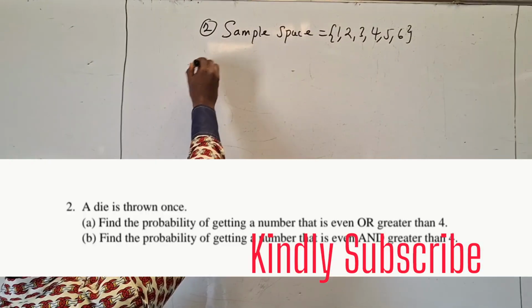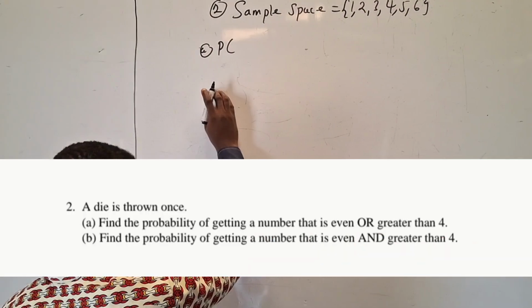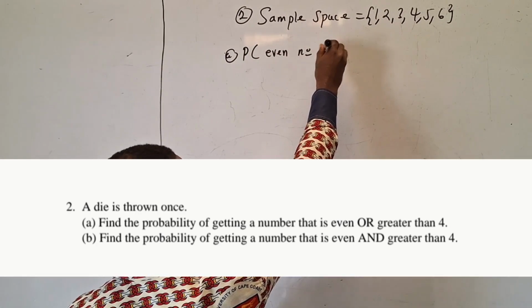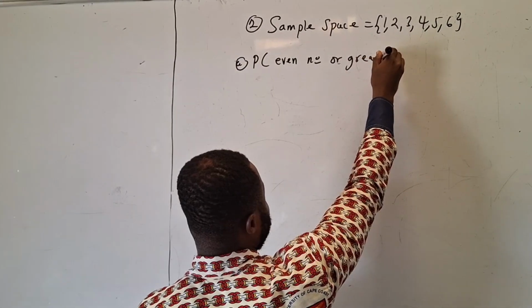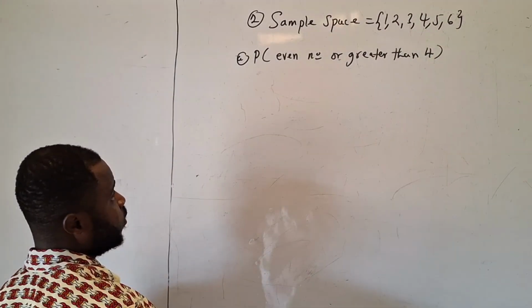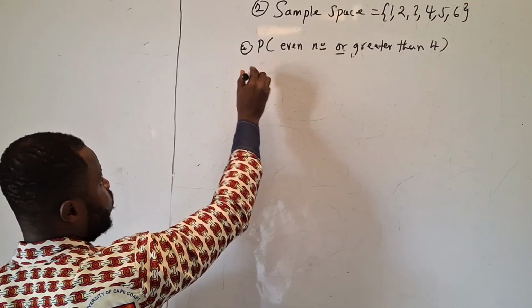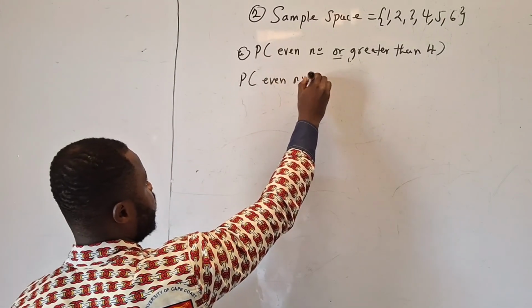So the A says probability of obtaining even number or a number greater than 4. So the or is here again. So first of all, we have to know probability of obtaining even numbers on the die.